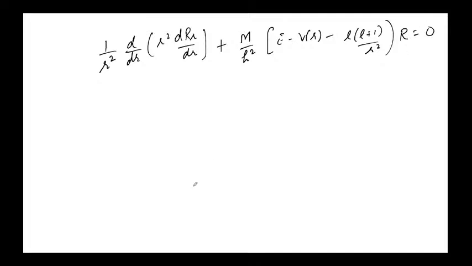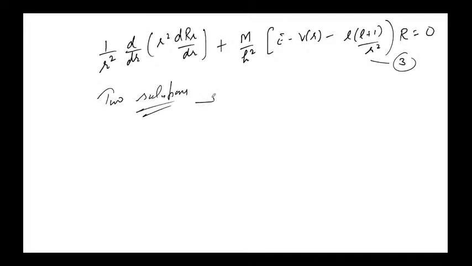This is the same equation which we have studied for the neutron problem. That is the radial wave solution of a two nucleon system. This equation has two solutions.